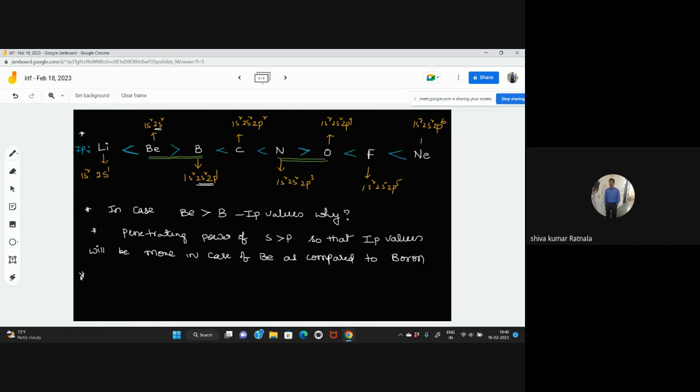Second, from nitrogen to oxygen, the IP value is decreasing. But actually it is supposed to increase, no? Why? What is the reason for this? Half-filled, very good. Where do we have the half-filled configuration, in nitrogen or oxygen?